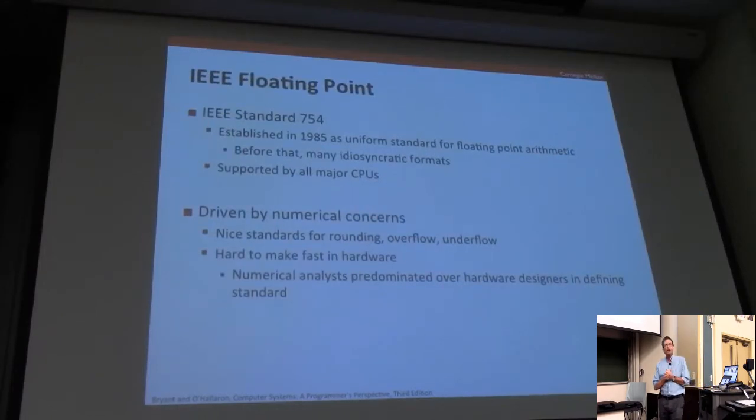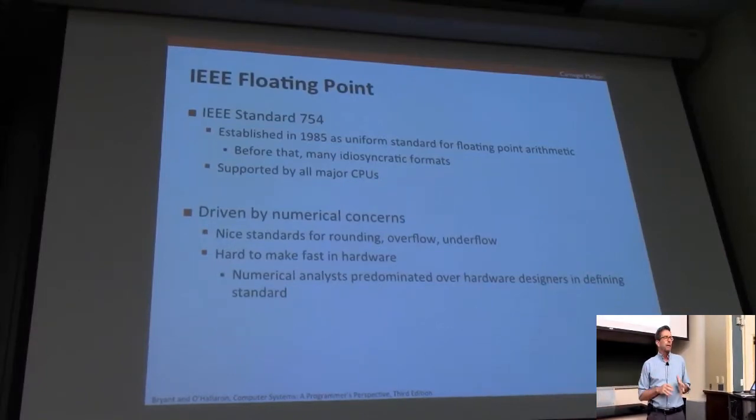Now, up until 1985, floating point was just a disaster. Every computer manufacturer had their own representation. And it was just terrible because you couldn't predict what would happen if you moved your program from one machine to another. The behavior would be different, the rounding would be different. It was a very difficult situation, and people, computer scientists in particular, really disliked floating point.